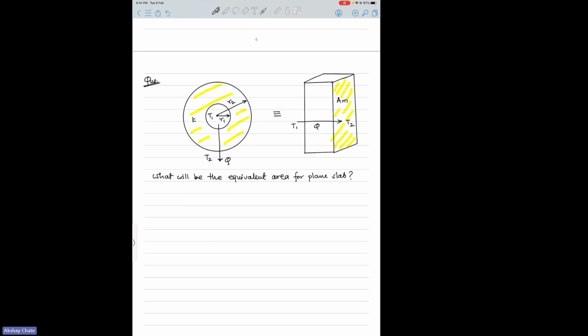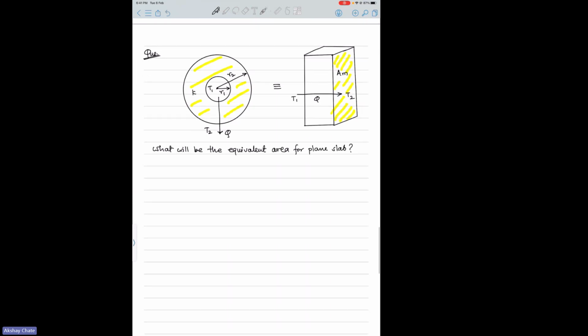So in this case also, we know for a cylindrical pipe, Q will be T1 minus T2, assuming T1 is greater than T2, divided by ln R2 by R1 over 2 pi K into L.